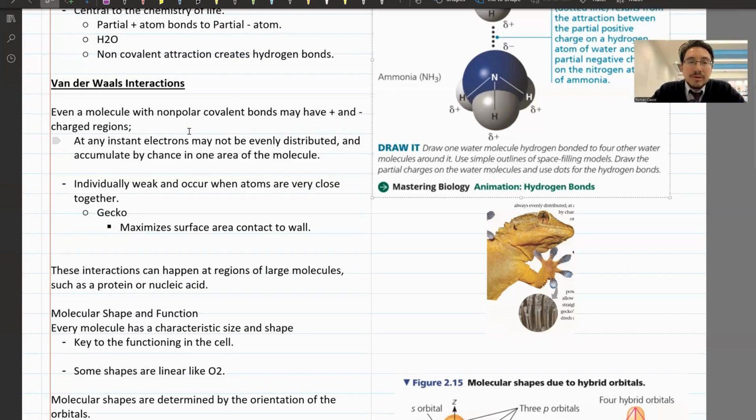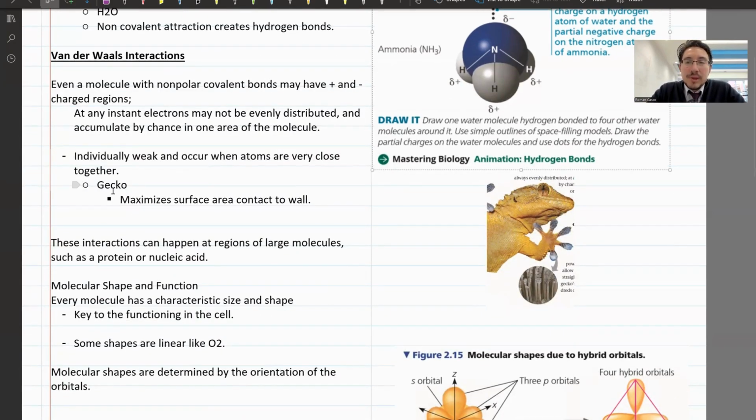Electrons at any instant may not be evenly distributed within the molecule, so that gives a chance for one area of the molecule to have a certain amount of charge.